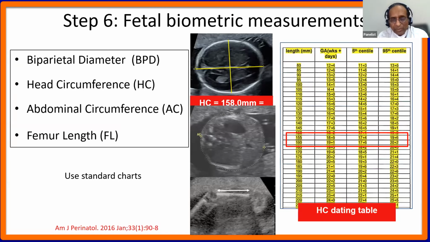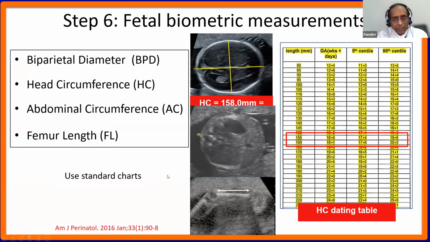If a first trimester scan has not been done, you use the biometry to date the pregnancy. And while you use the biometry, we use the head circumference for dating. That will come in another lecture anyway. So the important thing is to know accurately how to take biometric measurements, which is what we will see during your video demonstration.